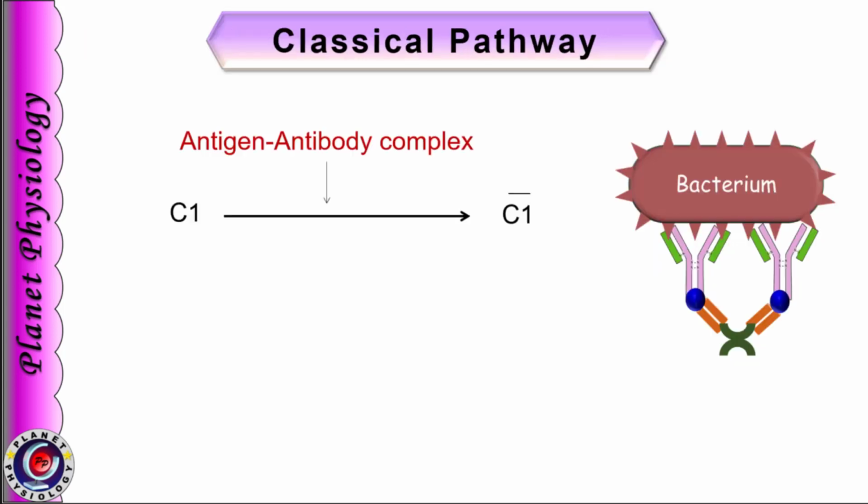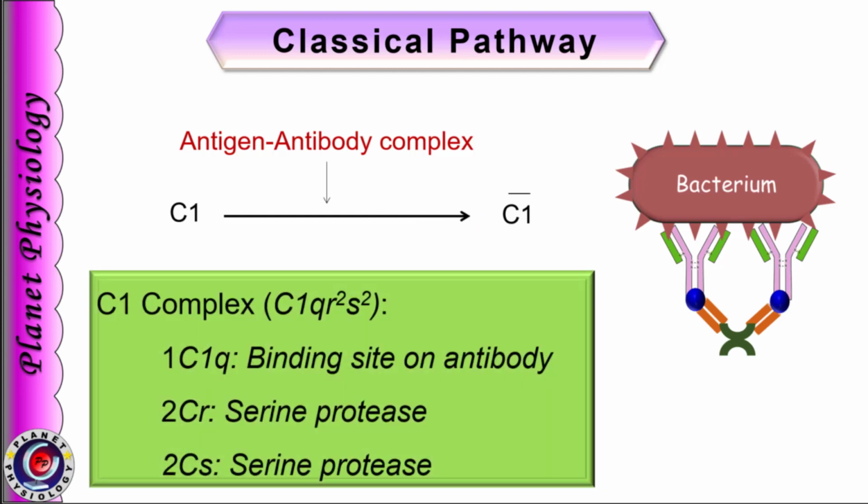Let us study the classical pathway. Classical pathway is triggered by activation of C1 complement protein by antigen-antibody interaction. C1 protein is actually a complex made of 5 subunits, namely 1 molecule of C1q, 2 molecules of C1r and 2 molecules of C1s, which is also abbreviated as C1q r2 s2.